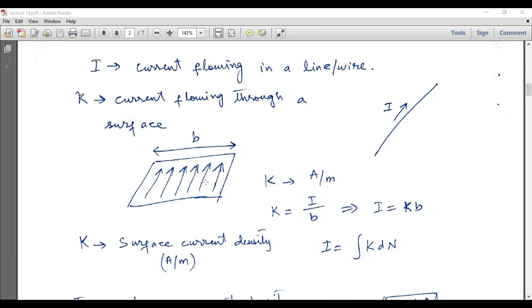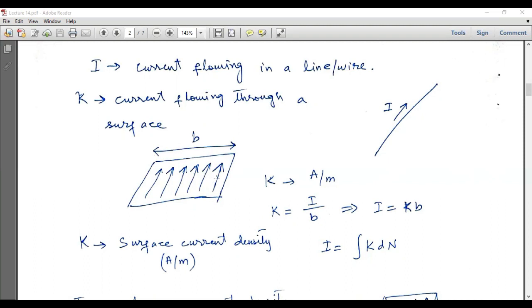So the surface current density is equal to current per unit length or current per unit width. It will involve the length of the edge from where the current is crossing, right? Current is flowing in this direction and it is crossing this line. So the width b is crossed by this current.